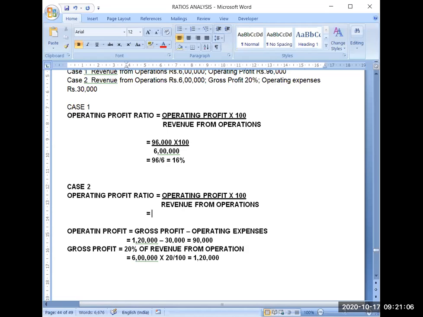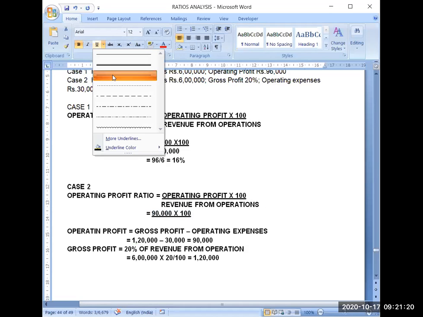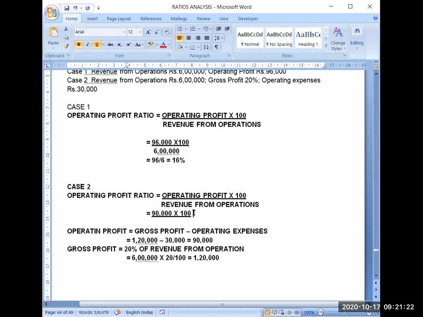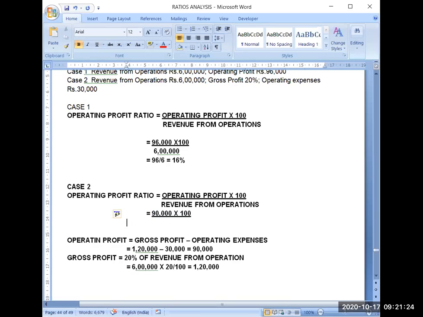So it is equal to 90,000 multiplied by 100 upon revenue from operation, which is 6 lakh. Now again if I solve it, there are 5 zeros in the denominator and 6 zeros in the numerator.